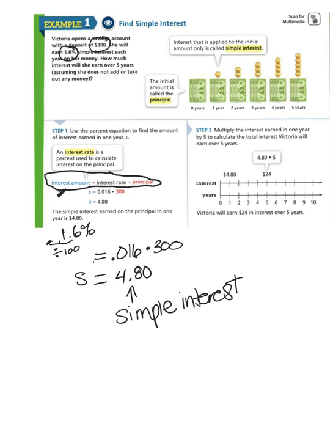They show you over here in step 2 how to look at this on a number line, because the original question asks how much she will earn over 5 years. In order to find out how much she will earn in 5 years, we multiply what she's going to make each year by 5, which gives us $24 in 5 years.